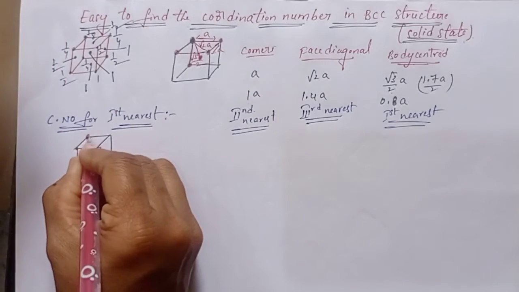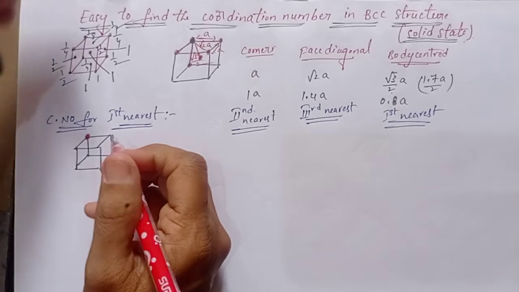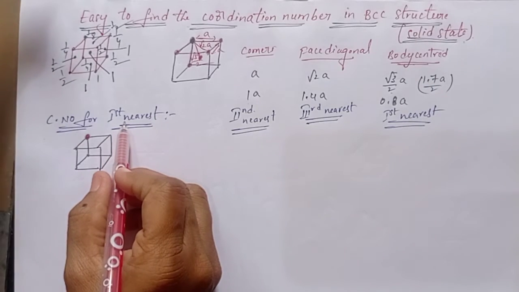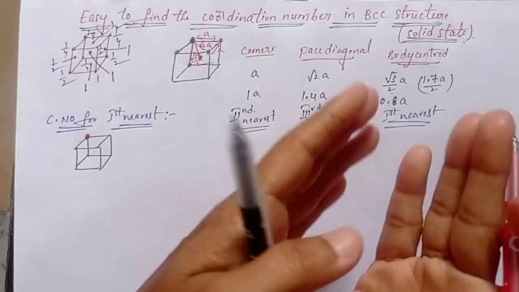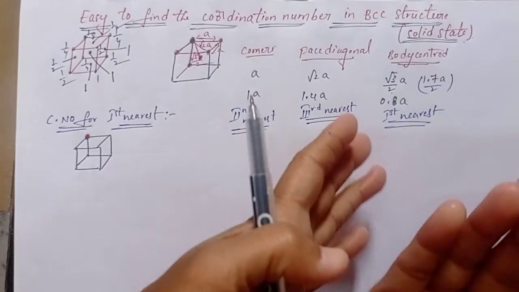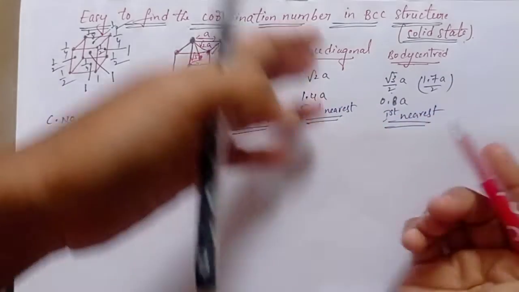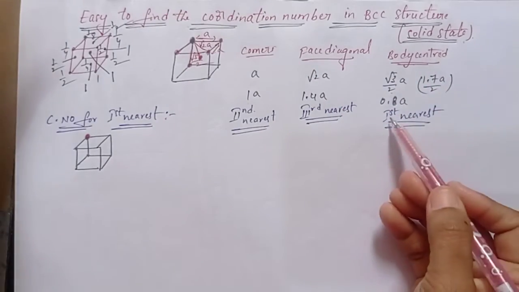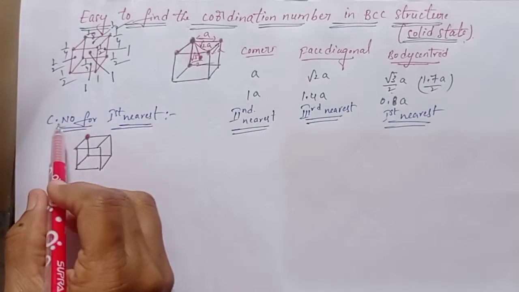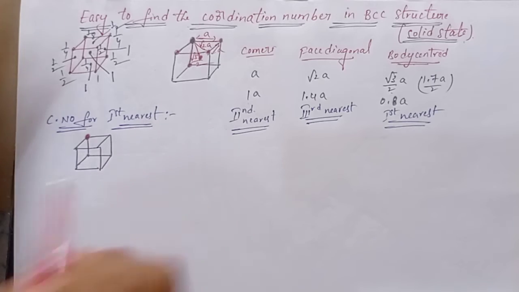To this considered particle, we calculate how many nearest neighboring atoms there are. That is the coordination number. The body centered particle is the first nearest, which means it is very close to the considered particle.